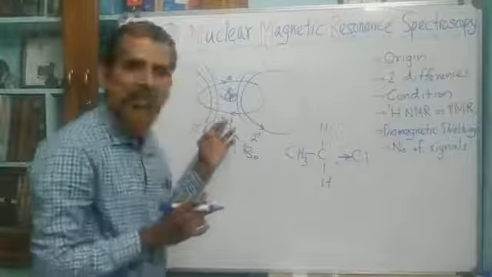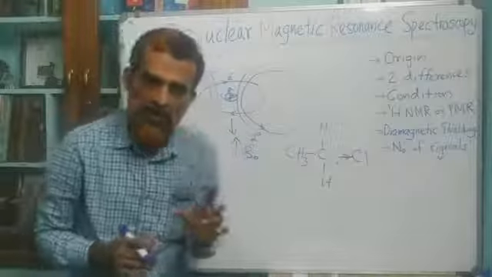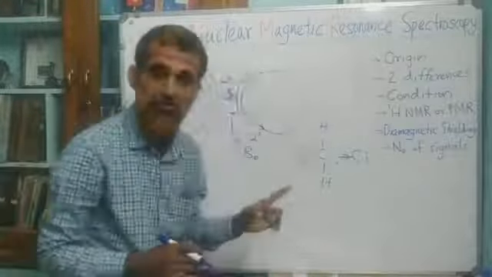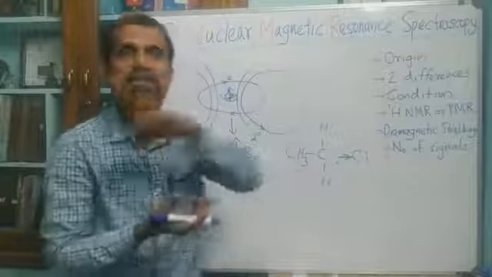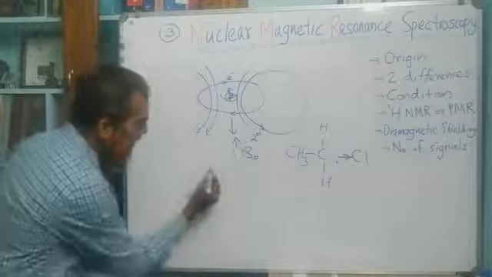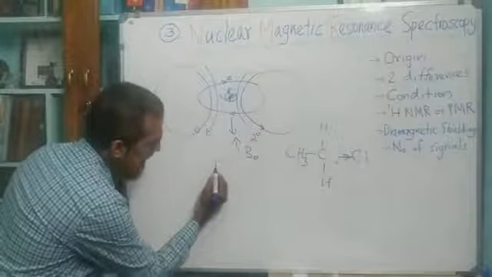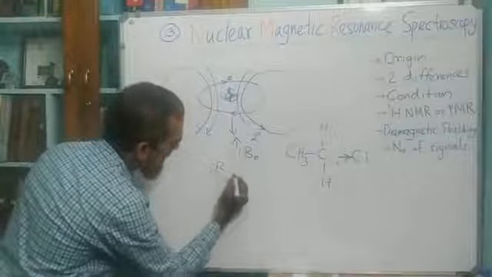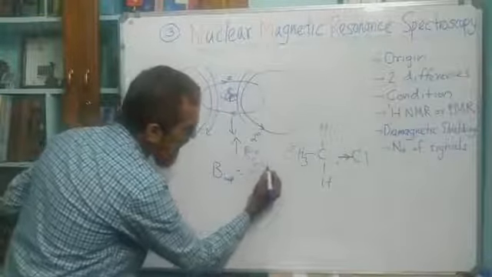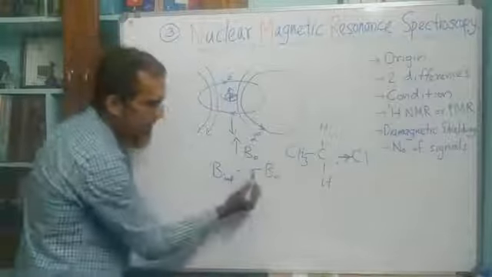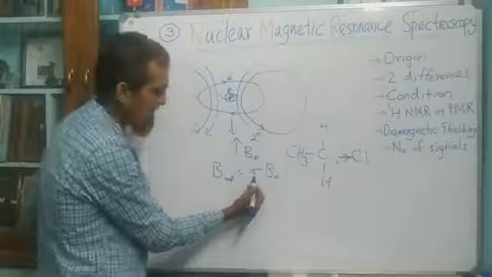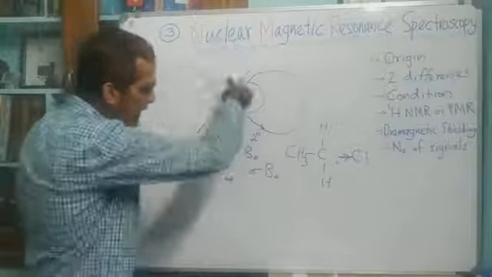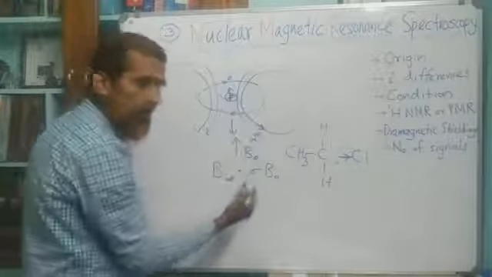This secondary field will be different for different protons, depending on the electron density around them. This induced secondary field is given by sigma B0, where sigma is the shielding constant, so when you apply B0, you have an induced field in the opposite direction. So what will be the resultant?